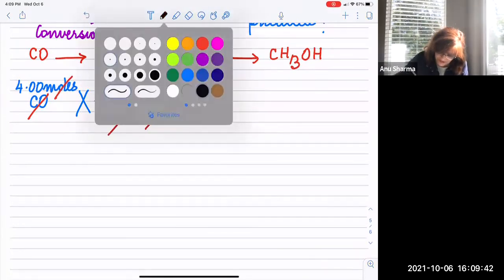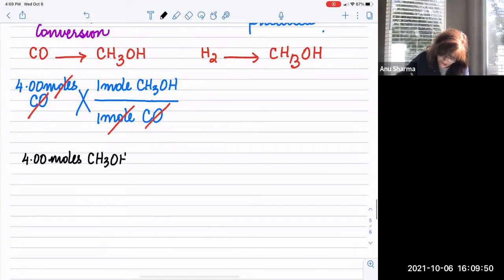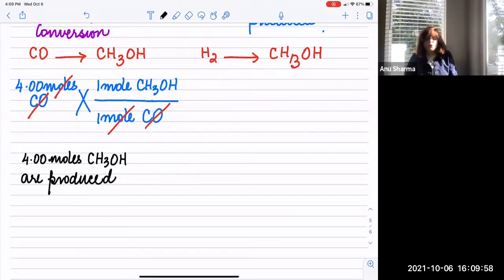So we have here 4.00 moles of CH3OH are produced when 4 moles of carbon monoxide react.